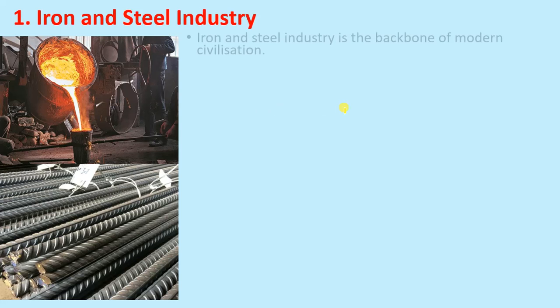Iron and steel industry. The iron and steel industry is the backbone of modern civilization. Just as the backbone of a human being helps to stand straight and balance the body, similarly the iron and steel industry is the basic requirement for the development of civilization, for the development of any region, for the development of any country.